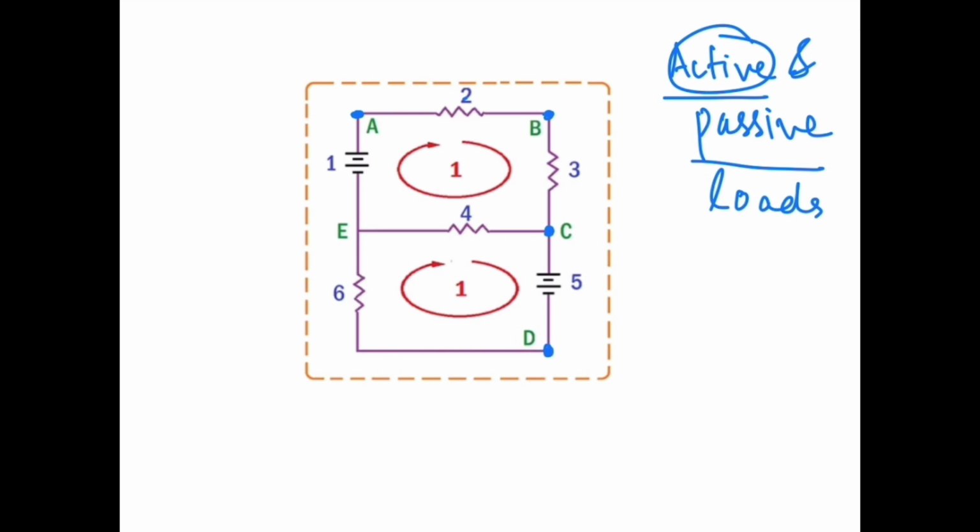E is another node where two resistors connect. A node is a point where two or more components are interconnected. So the nodes of the network are A, B, C, D, and E. There are five nodes in this network.